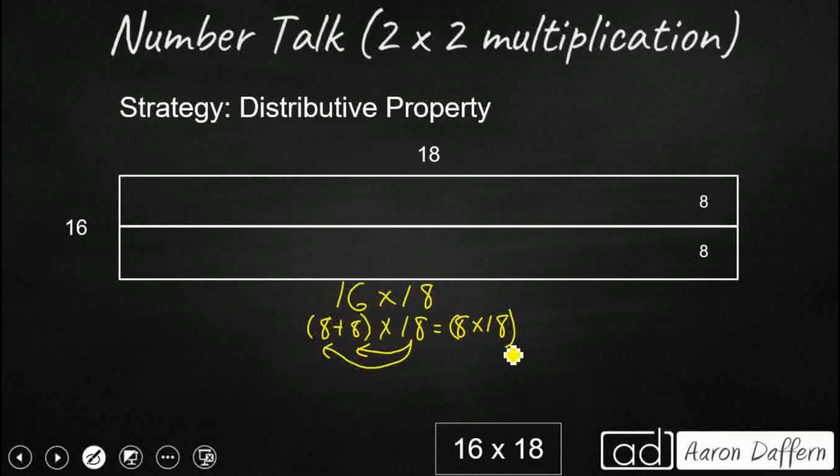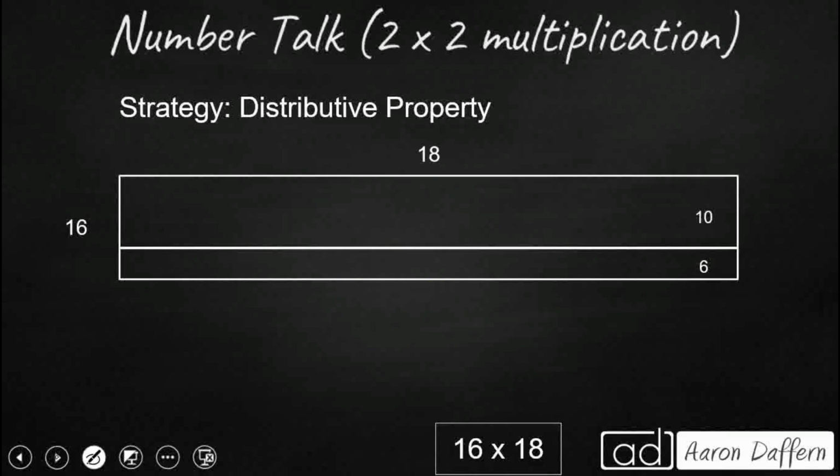And so a little bit of work here again. 8 times 10 is 80. 8 times 8 is 64. 80 and 64. Well, that's going to get us up to our 144, which we've seen a few times here. And 8 times 18 is going to get you another 144. So that's going to get you 288 again.